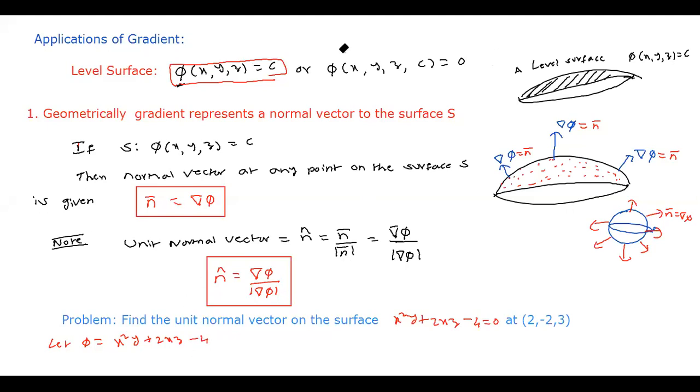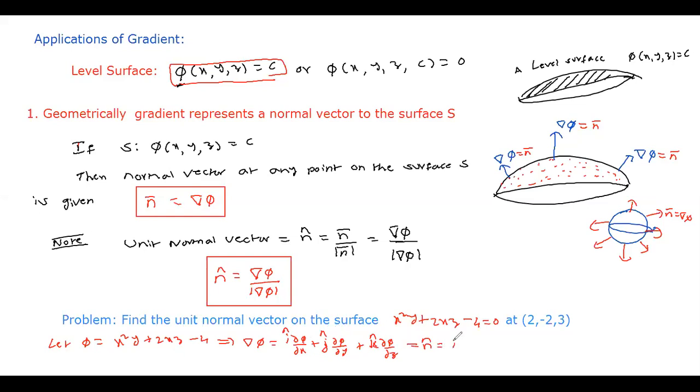So what is the gradient then? del phi is i dou phi by dou x plus j dou phi by dou y plus k dou phi by dou z. This we denote with n bar.